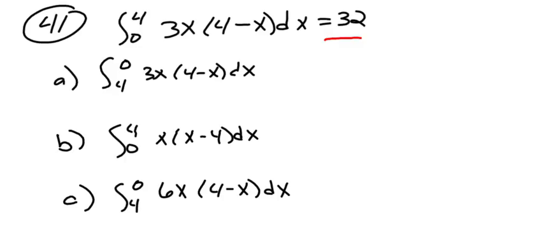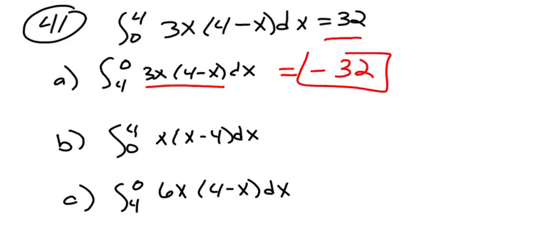So we want to go ahead and try to manipulate this using some of the properties that we just did. We're going to actually use some from the next slide too. But for the first one, I see that this f of x is the same and matching, but my bounds are switched. So I'm going to go ahead and say it's the negative of 32 because I'm going to switch the bounds.